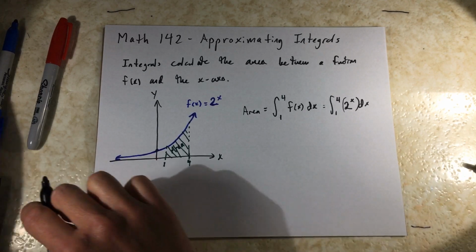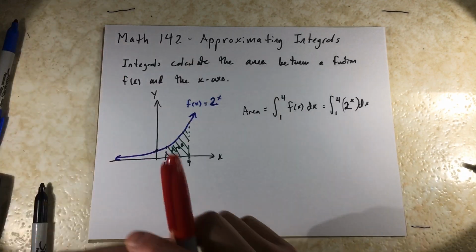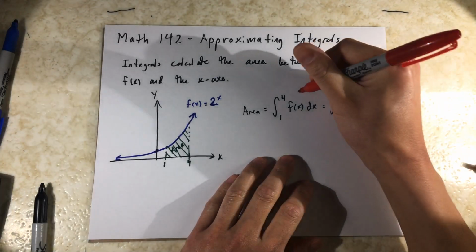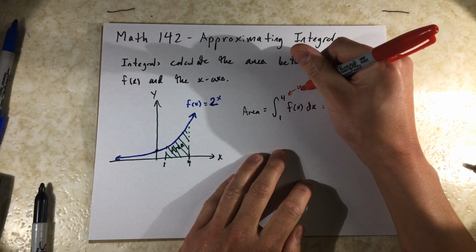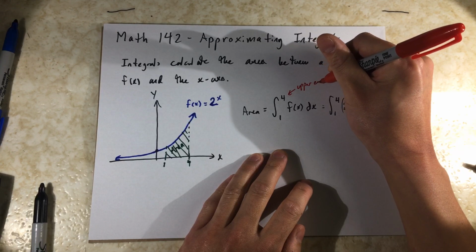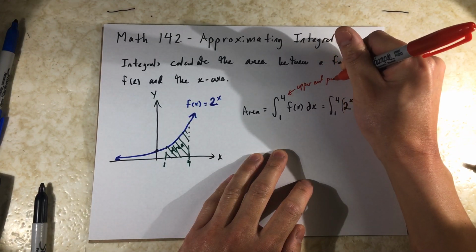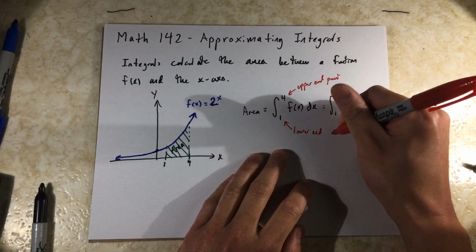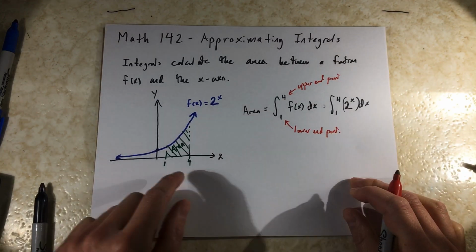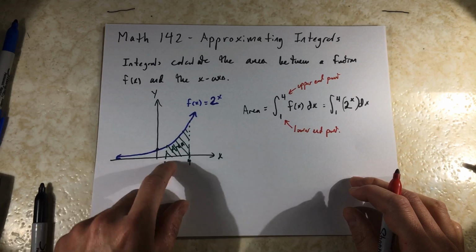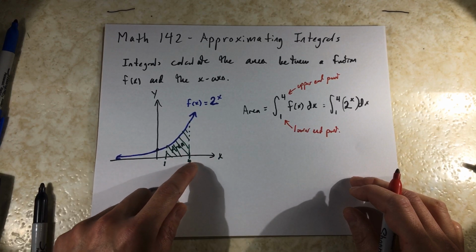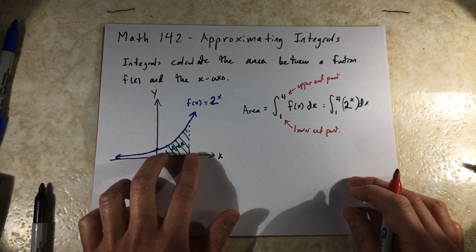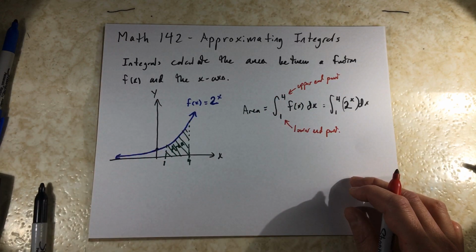Okay, so the two things are these endpoints. This is what's called the upper endpoint, and this is called the lower endpoint. They tell you when you start calculating the area and when you stop calculating the area. So these two endpoints tell you which region you're actually calculating the area for.